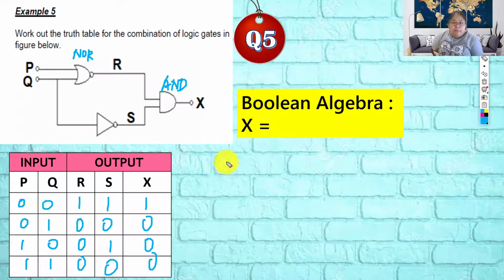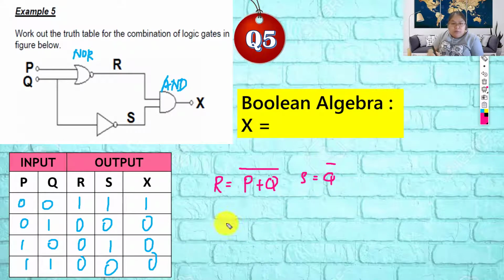Okay, Boolean. I change the color first. The Boolean we check one by one. R is P plus Q, then you put the bar. S is from the Q bar.